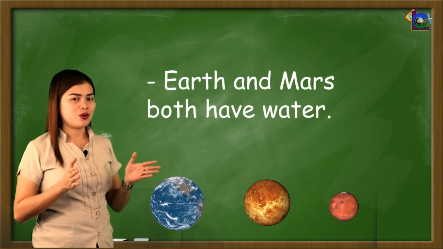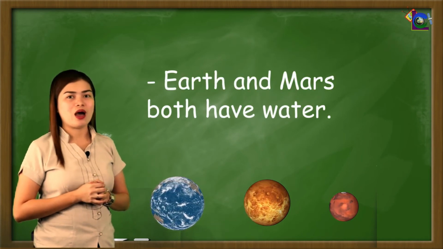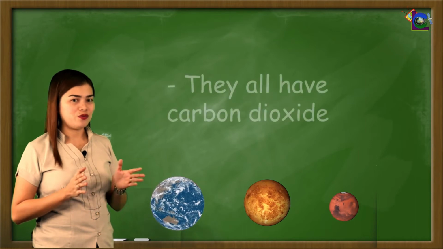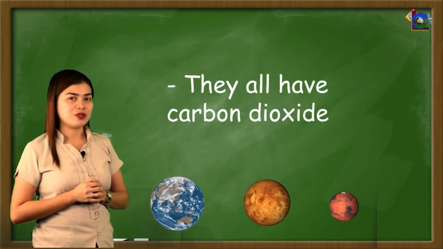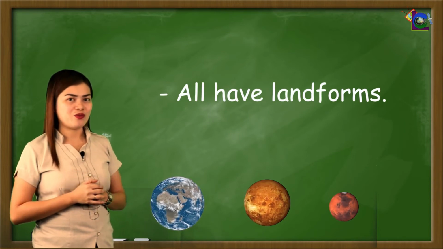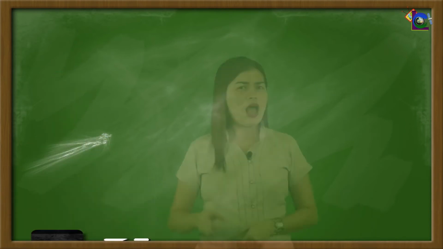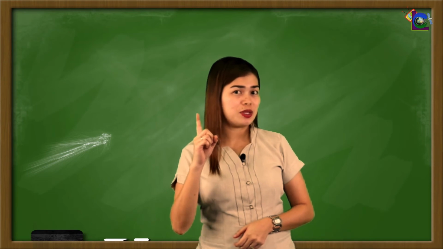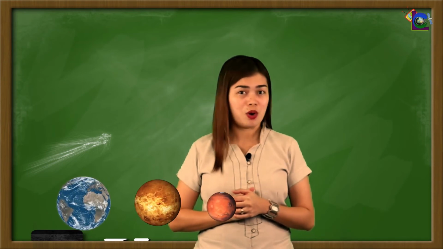Fourth, Earth and Mars both have water. Fifth, they all have carbon dioxide. And sixth, all have landforms. Have you wondered about the differences between Earth, Venus, and Mars?